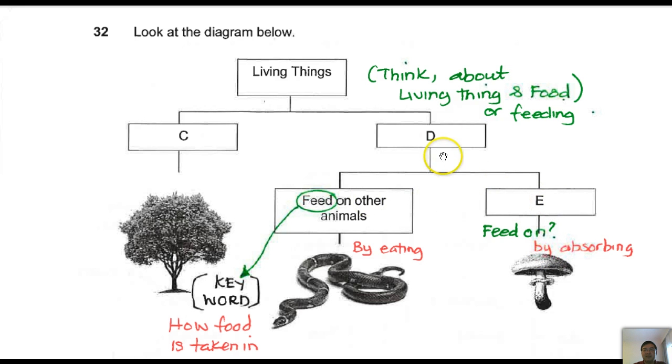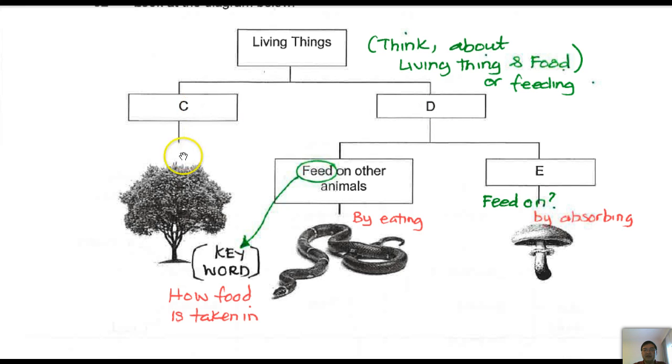And once it goes up here, now we're going to compare D and C. This is being compared already. We're going to get what is the characteristic, the labeling for D and C. Now over here we're talking about feeding, we're talking about food, the intake of food. Now what we can have here is plant.